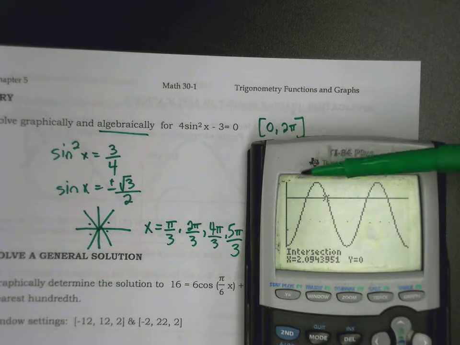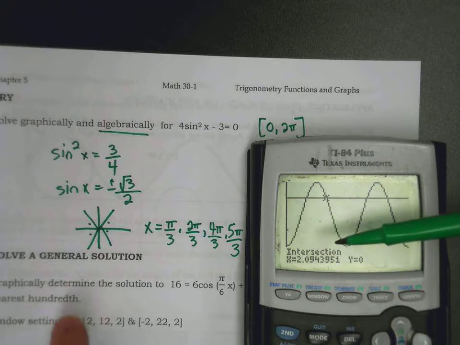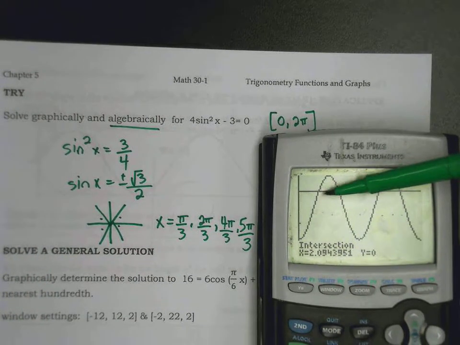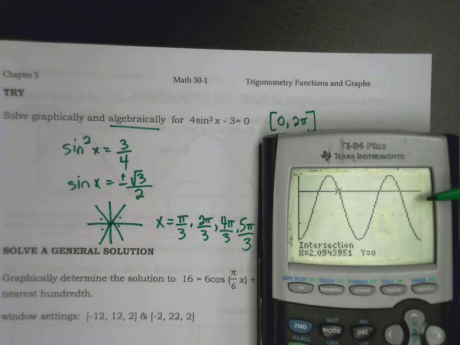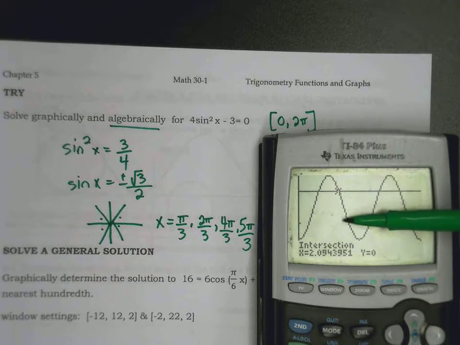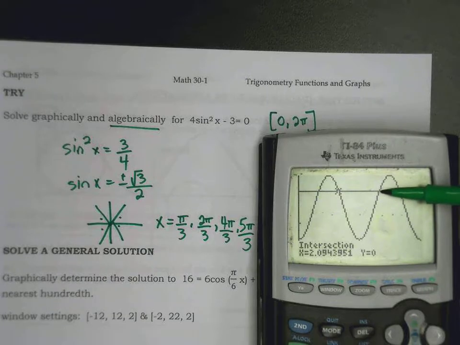What starts to happen is when we want to get maybe general solutions, which we're going to approach next, we have to start considering how do we say all these answers if we didn't limit our domain from 0 to 2 pi. It's important to say that this answer, right here, pi over 3, and as you follow along, and this answer are a full wavelength apart.